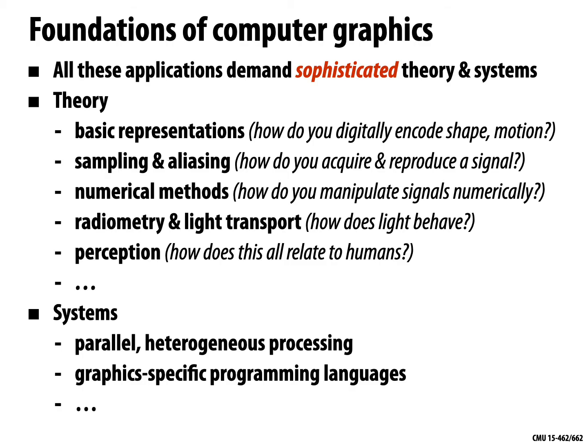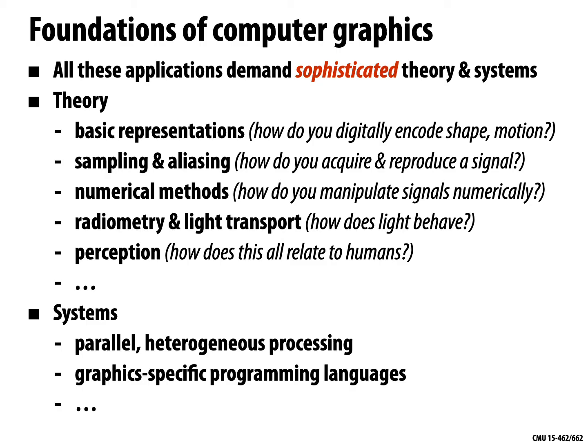We're going to talk a little bit about graphics-specific programming languages, like shader languages. And more generally, we're going to talk about how we can formulate problems in computer graphics in terms of a pipeline. What are the right primitives to break down our problems into so that we can efficiently stream computation through a piece of hardware? Okay? So that's it for the high-level overview.